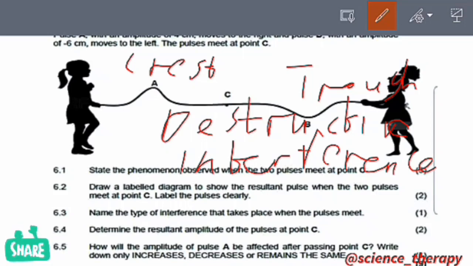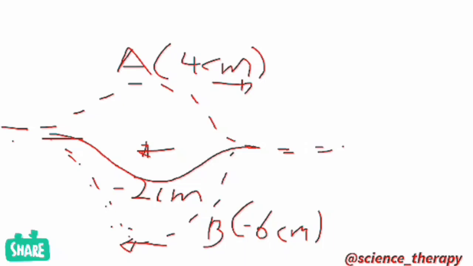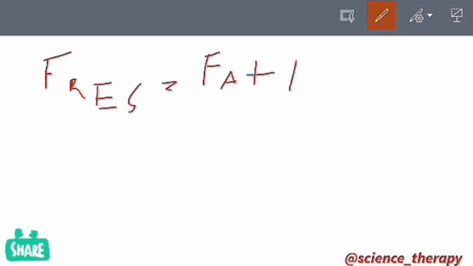6.4 says, determine the resultant amplitude of the pulses at point C. So how are we going to calculate the resultant? So erase here. We have the resultant is equal to, let's say, the pulse made by A and the pulse made by B, right?